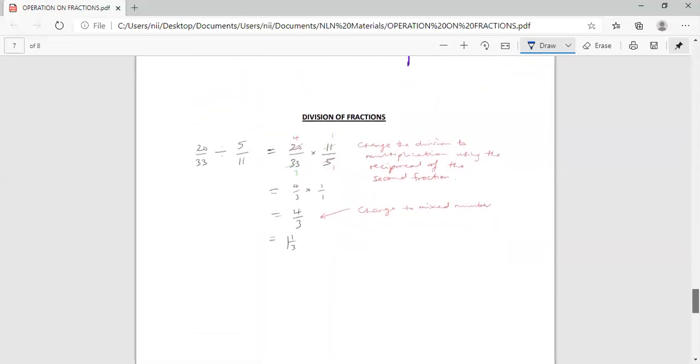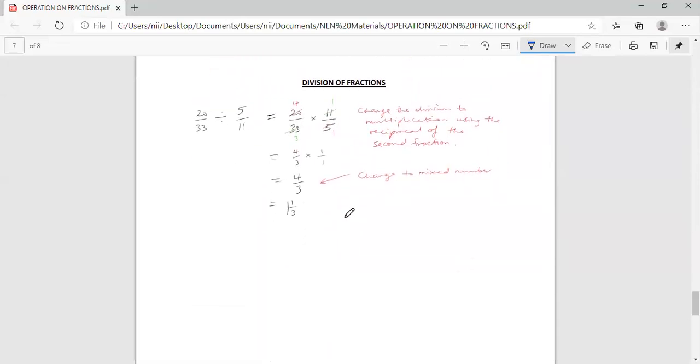Now, what about division of fractions? To divide fractions, you don't need LCD. Okay. What you do is that you keep the first fraction. So 20 over 33 divided by 5 over 11. We'll keep the first fraction, which is 20 over 33.